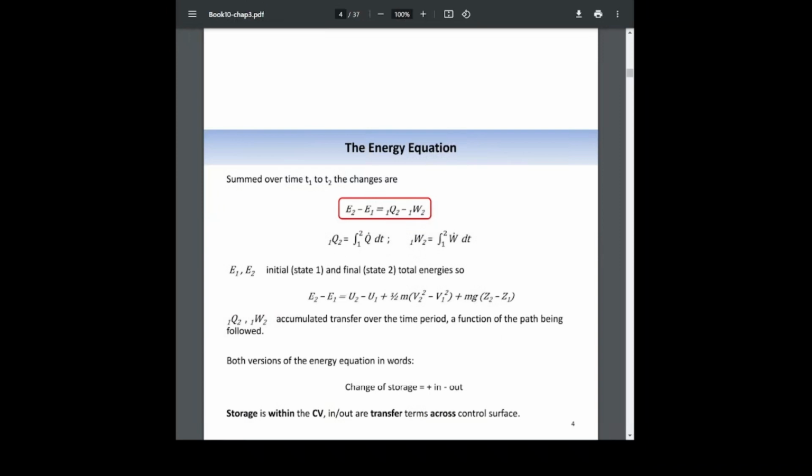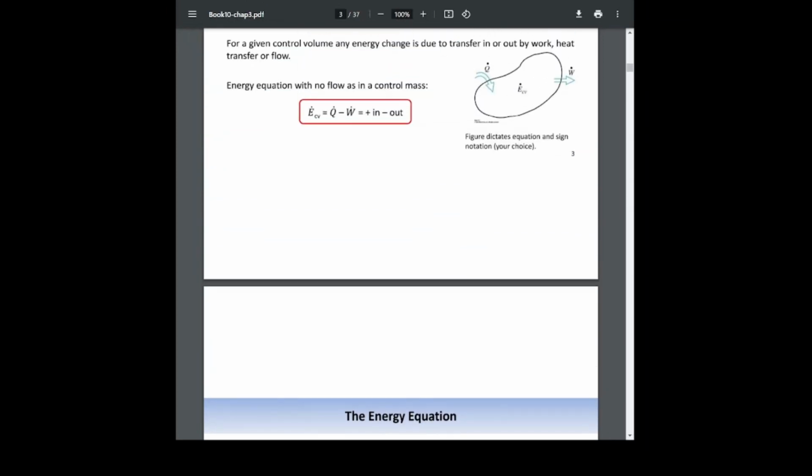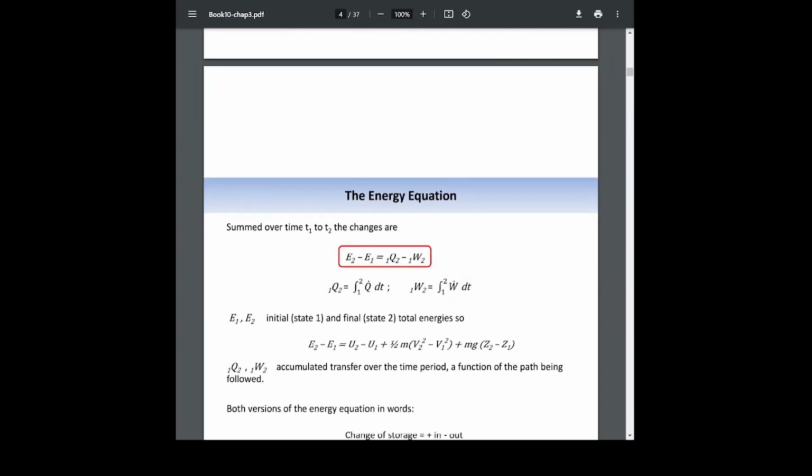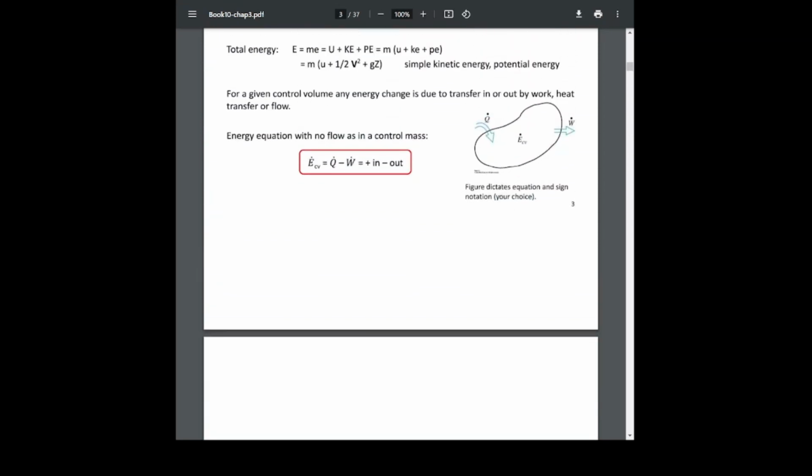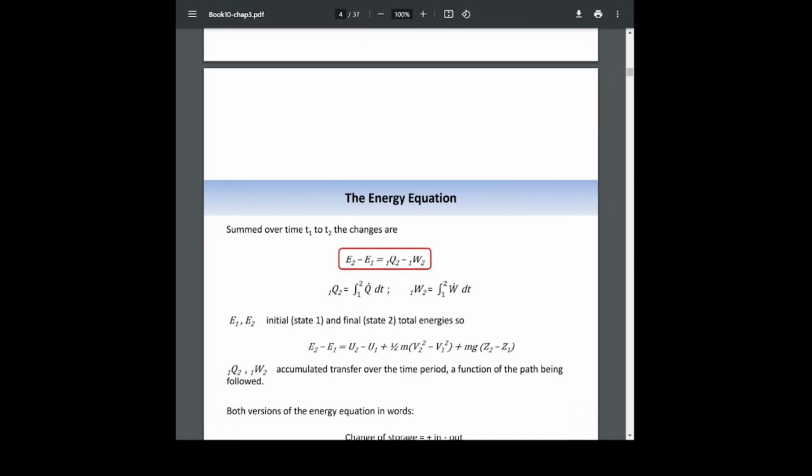If we take a look at the previous equation, this is when we had a constant control mass. If we want to determine, throughout the process, in this case between two times, the total energy that was changed, or the total internal energy, well, in this case in the control volume, that is essentially the difference between what it was initially and what it is in the final state at the second time.